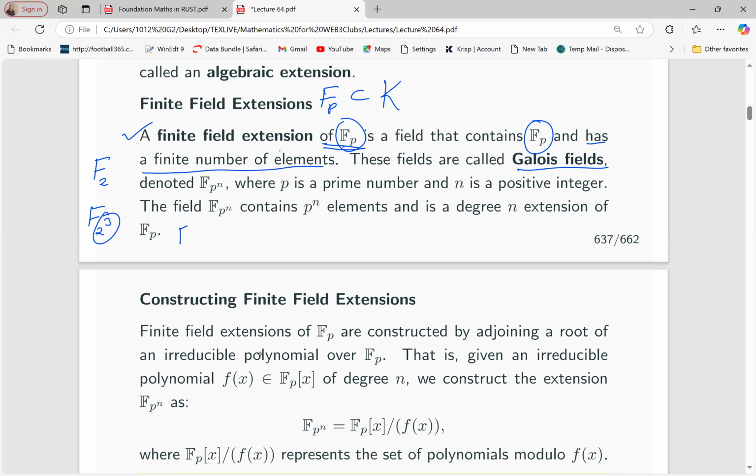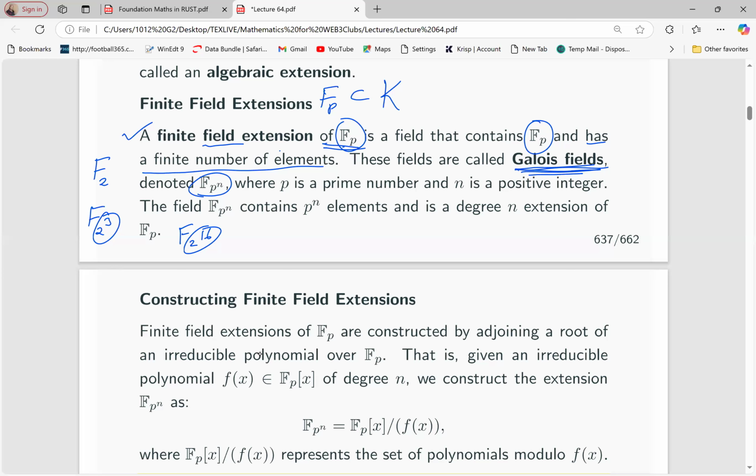You might also have 2 raised to 16, and we know how many elements that is. These finite field extensions are what we call Galois fields. You'll find books calling them Galois fields, and this is how we denote them.